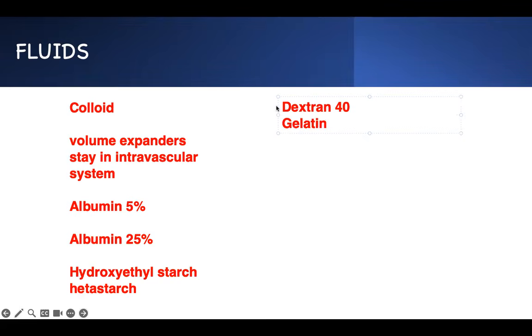These medications are very, very strong. They are colloids that we use to expand our volume extracellularly. There are a few things you have to know about them. They have allergic issues and coagulation problems. So that's what you have to pay attention to.